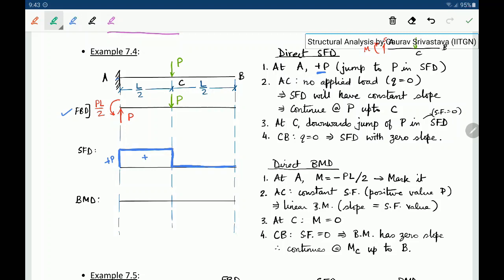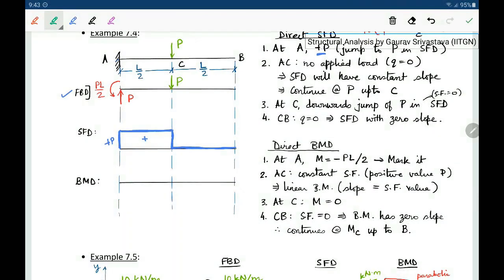Now for the bending moment, again we can have similar considerations, that at point A the bending moment value we know is minus PL by 2. From A to C the shear force diagram is constant and it has a non-zero constant value of P, which means that the slope of the bending moment diagram will be equal to P. Okay, so since this is constant, this will be a straight line with a positive slope.